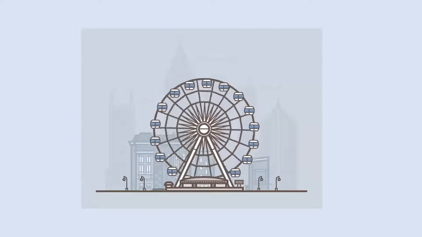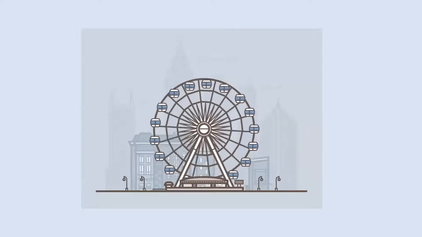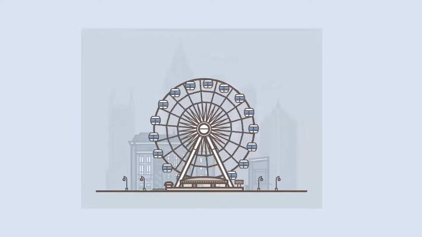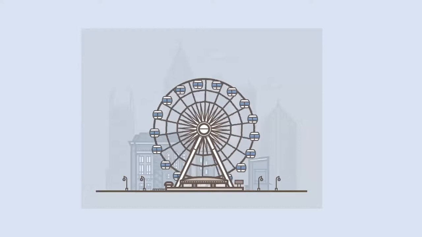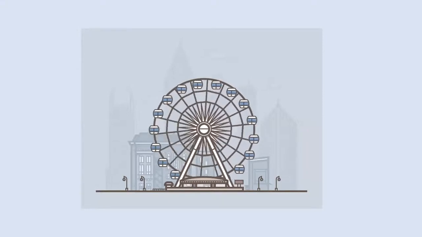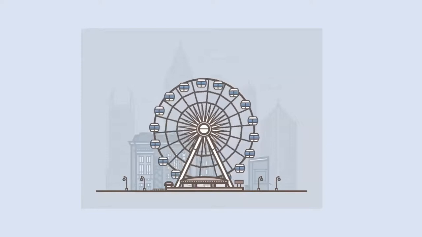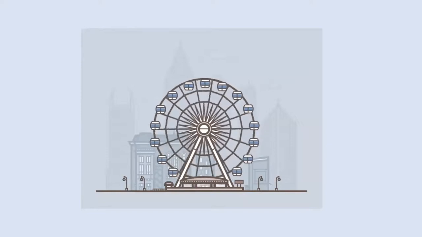Now look at this picture. What is this? A giant wheel. Very good. Tell me along which path do the giant wheel move? It is also moving in circular path. Absolutely correct, students.